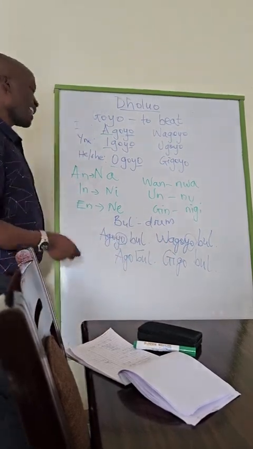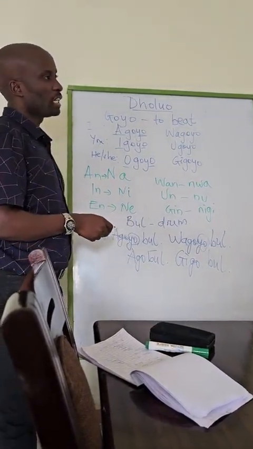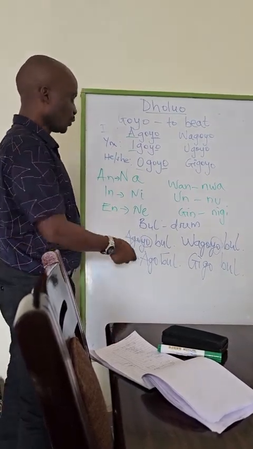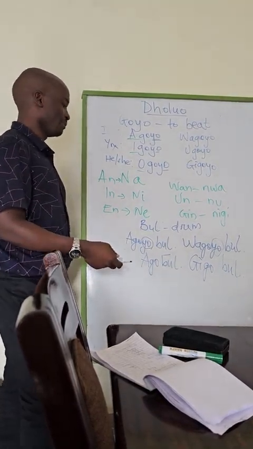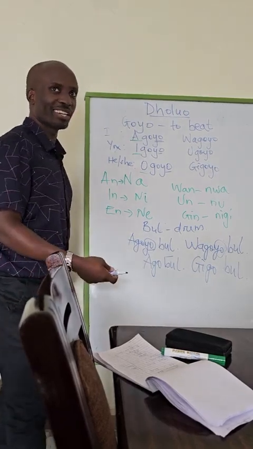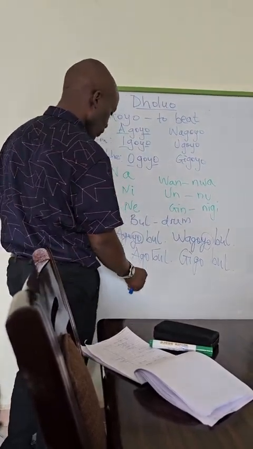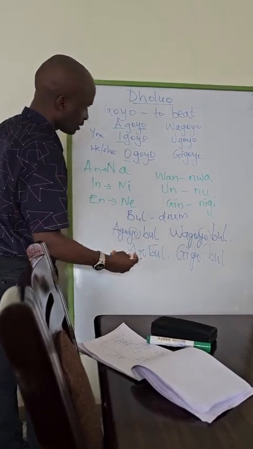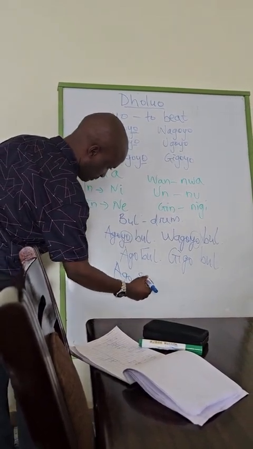Now, I want to tell you how to say to call someone on the phone. We use the verb goyo, which means to beat. And that's why sometimes people play around with these things. They would say, beat me a phone. Like, call me. Okay? So if you want to say I'm calling, you'd say, ago sim.